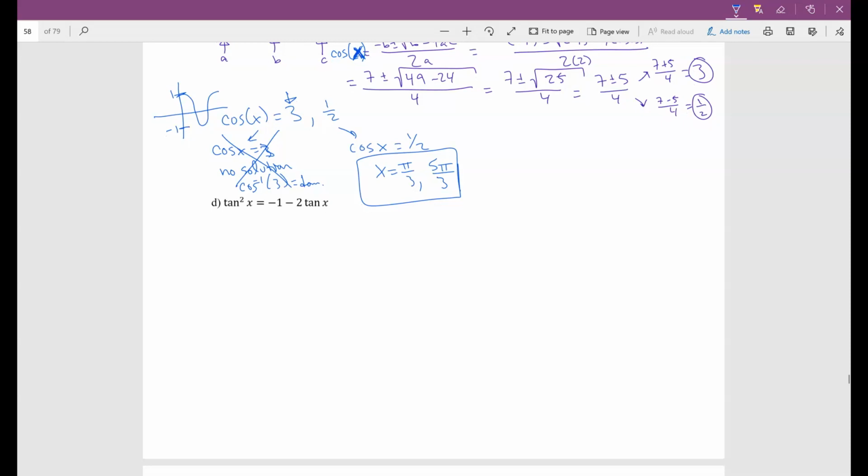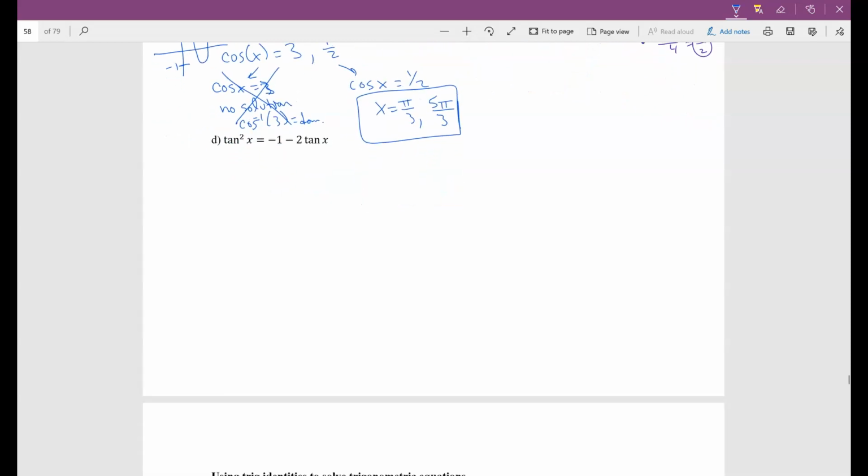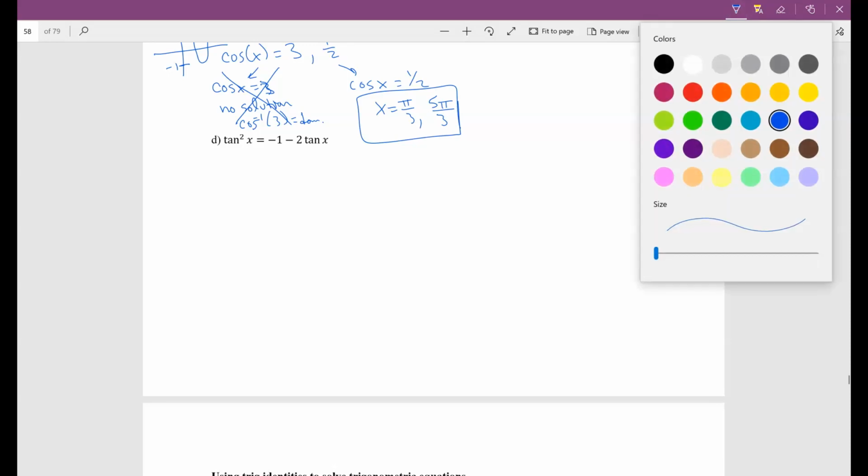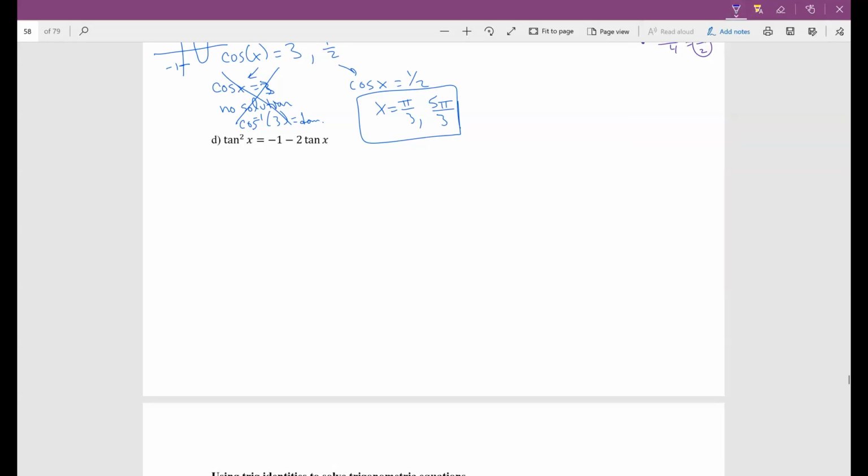Okay, and now let's do this one. Tangent squared x equals -1 plus 2 tangent x. All right, so this one is clearly a quadratic. So let's start off by putting everything on one side so that it's 0 on the other side. So you have tangent squared x plus 2 tangent x equals -1, and then let's move the 1 over.